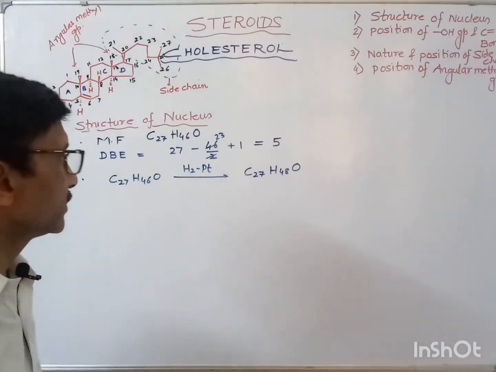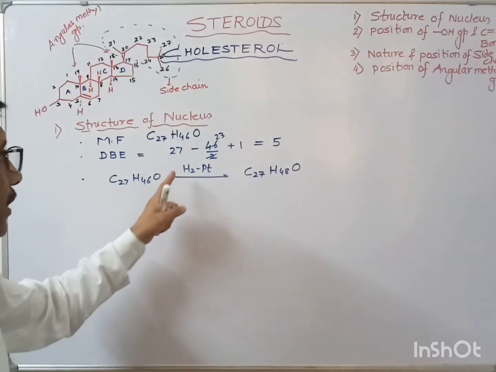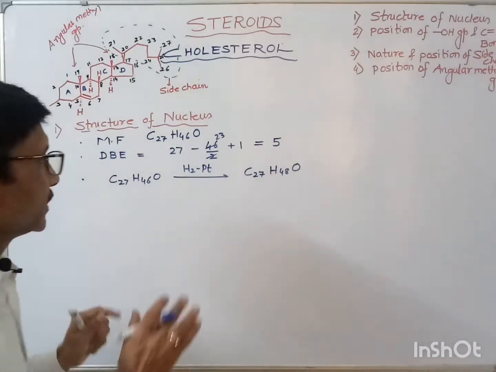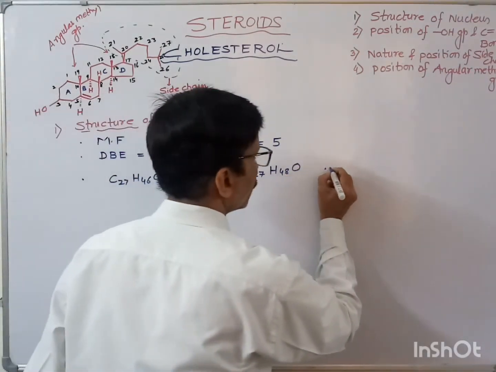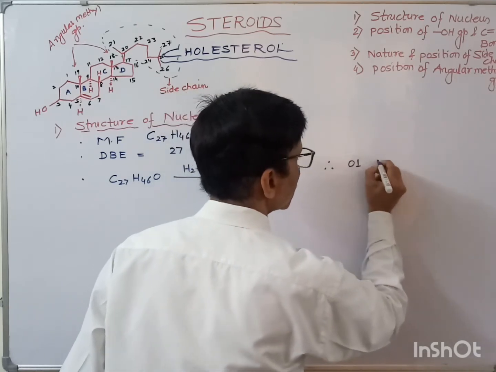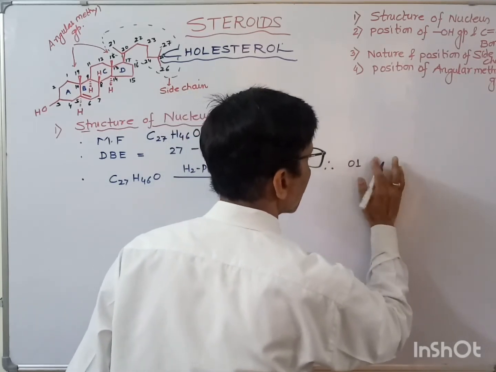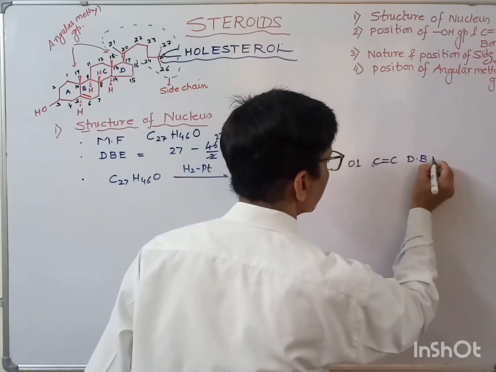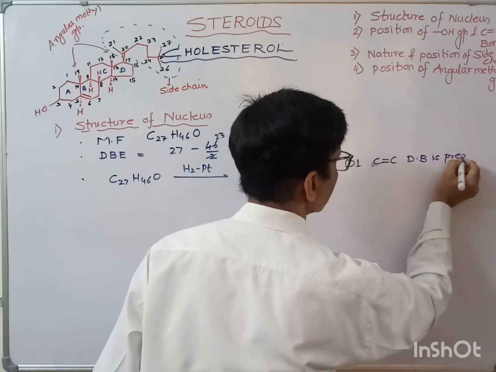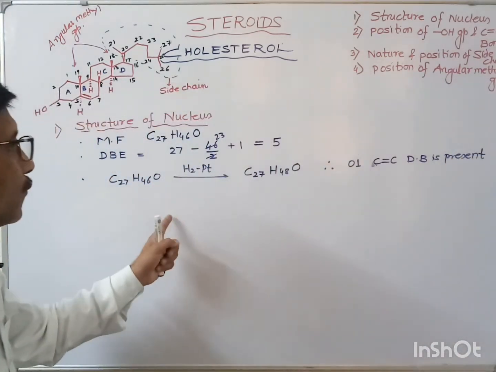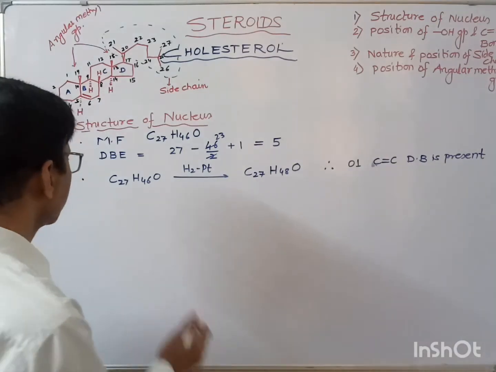So this tells us the hydrogen atoms are added across this double bond, therefore one carbon-carbon double bond is present. So this experiment indicates that one carbon double bond is present.